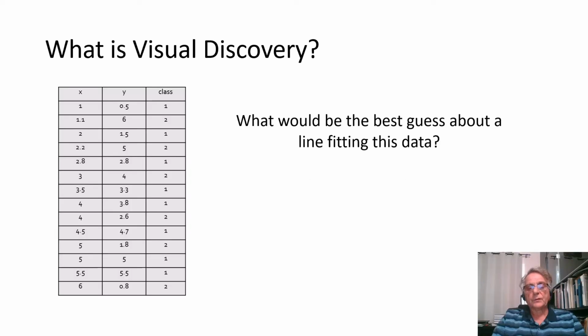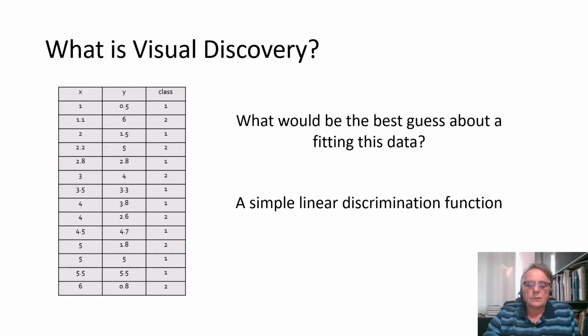What is visual discovery? We will illustrate with the following example with 2 attributes and 1 class. What would be the best guess about a line fitting this data? The simple guess is that we have a linear discrimination function.